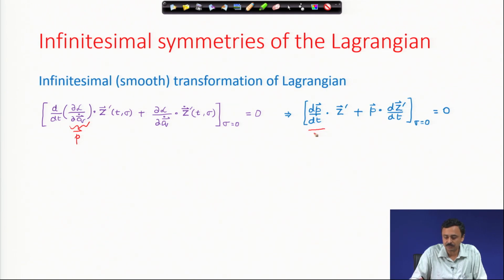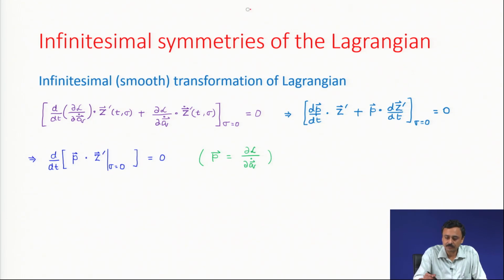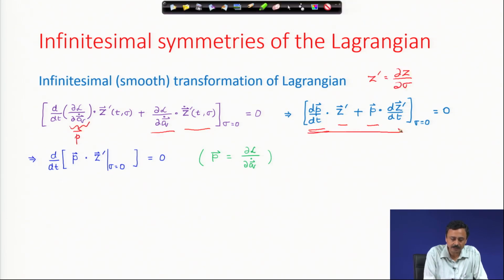Therefore, this first term becomes dp/dt · z prime plus this is again p · d/dt of z prime, and z prime remember is ∂z/∂σ. The expression in the bracket I can write as the total time derivative of p · z prime at sigma equal to 0, and that must be equal to 0.